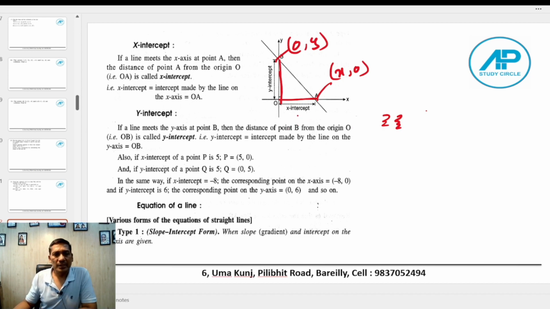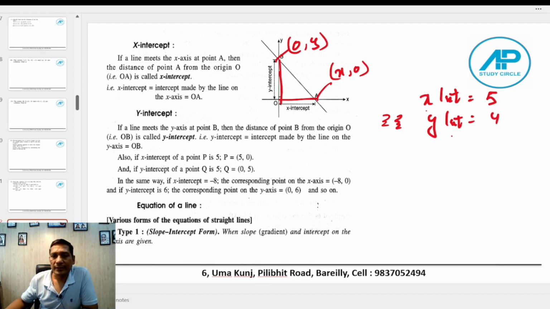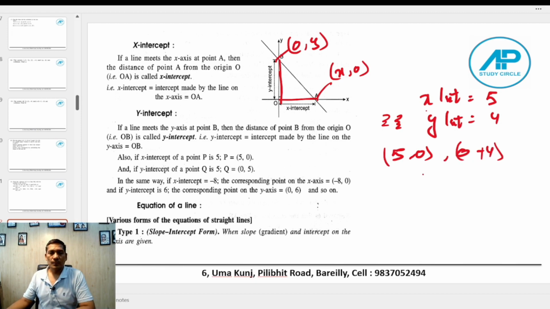y. That means if I know the intercepts of the line, that x-intercept is 5 and y-intercept is say 4, then the line is passing through 5,0 and 0,4.